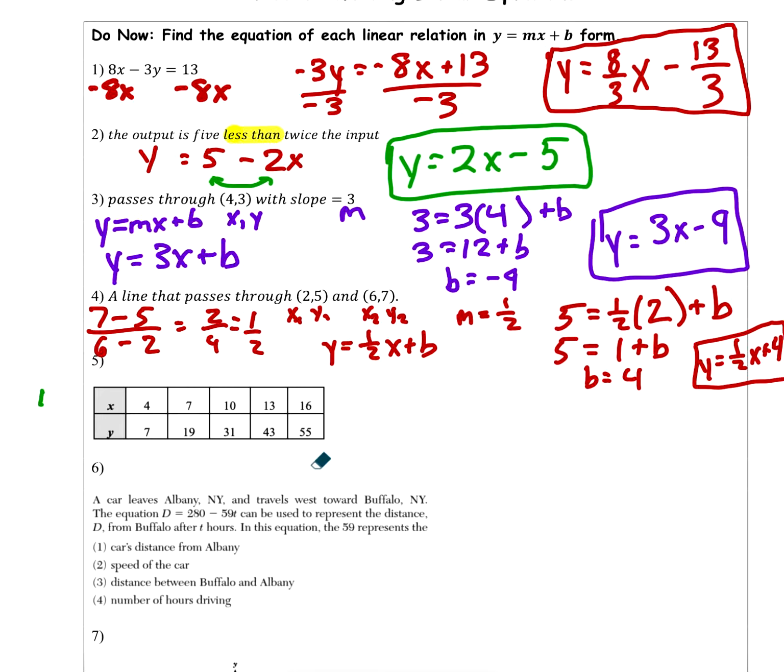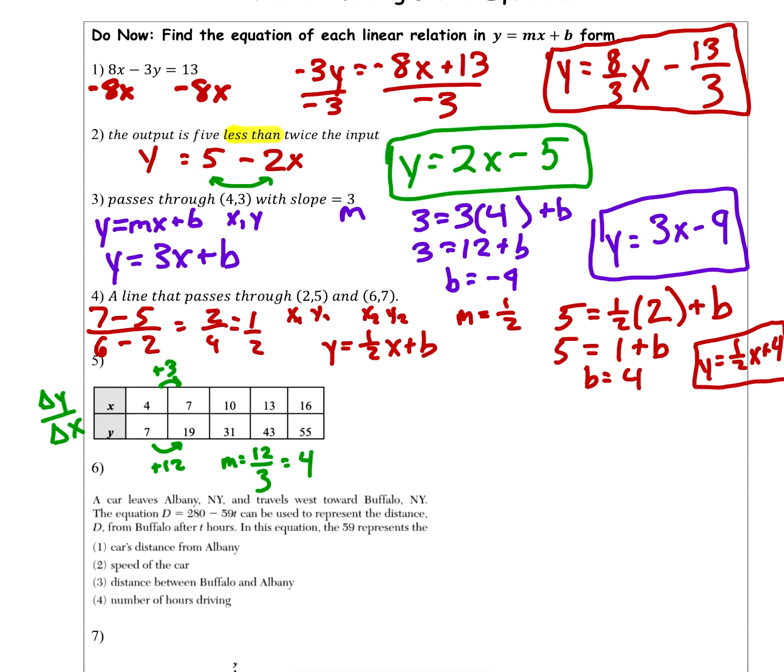Your change in y, going from the first to the second point, is plus 12. Your change in x is plus 3. So your slope, m, is change in y over change in x, which is 4.